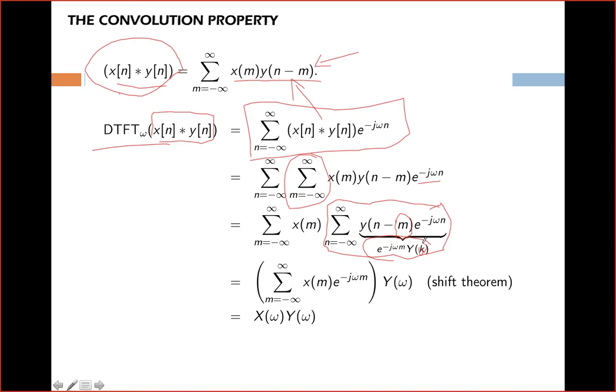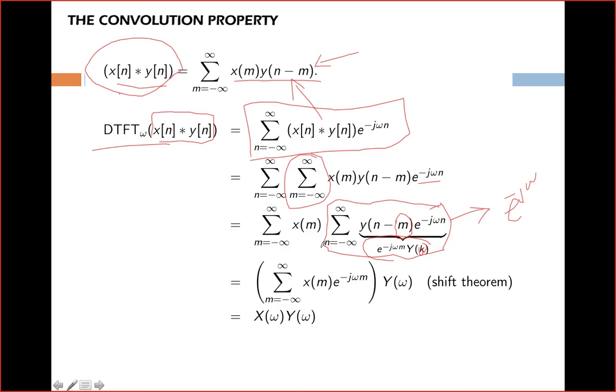When I am doing like that, the remaining thing is e power minus j omega m, by substituting n minus m equal to some constant k or something like that.